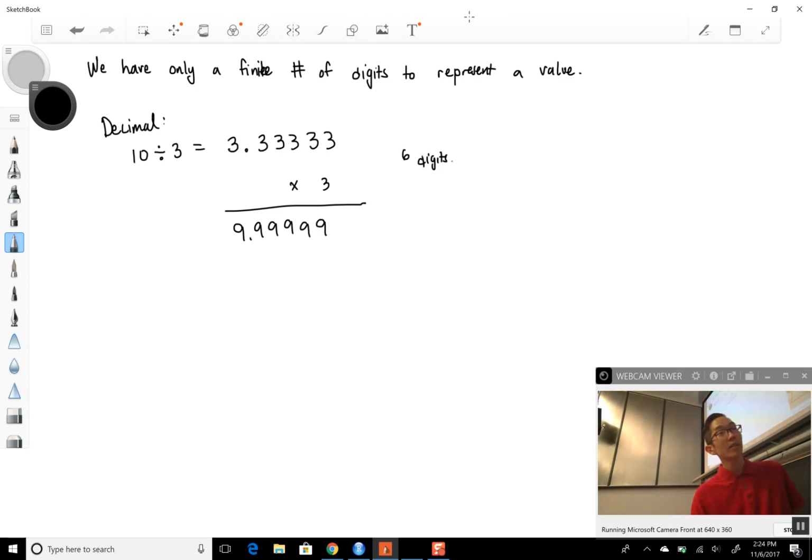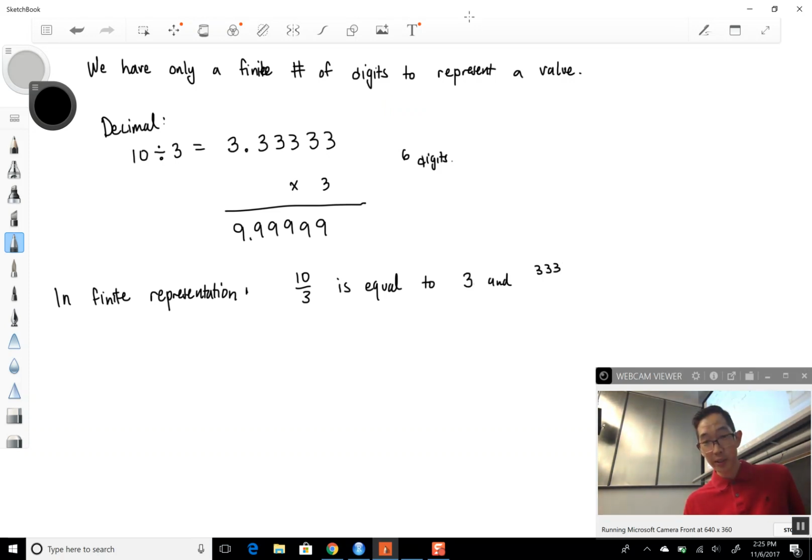Because basically in floating point, or in finite representation, 10 divided by 3 is equal to 3 and 33,333 over 100,000ths. Sorry, thank you. Okay, so these two values are equal when we have finite representation.